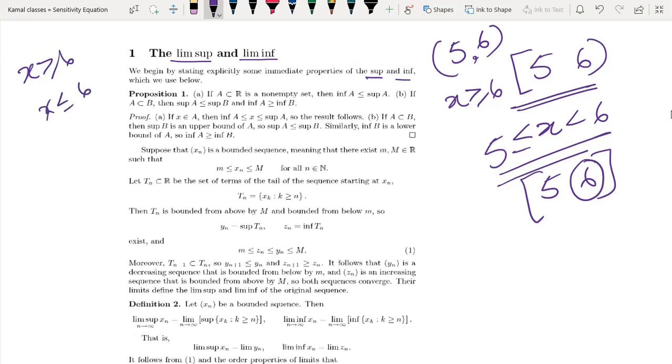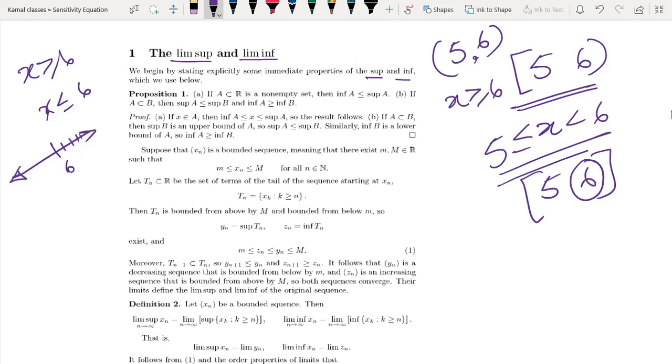You can see that I have two situations. I am going to write two inequalities: x greater than equal to 6, and x less than equal to 6. Suppose I am on the real line, here 6, and here 7, 8, 9. So x is greater than equal to 6.